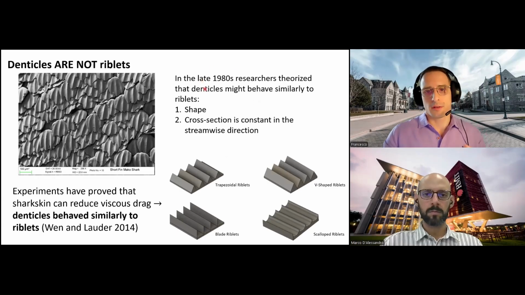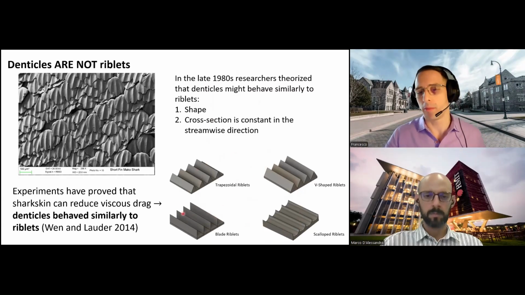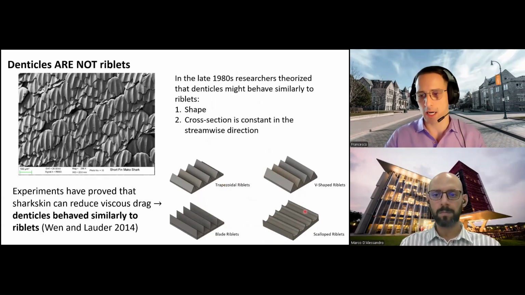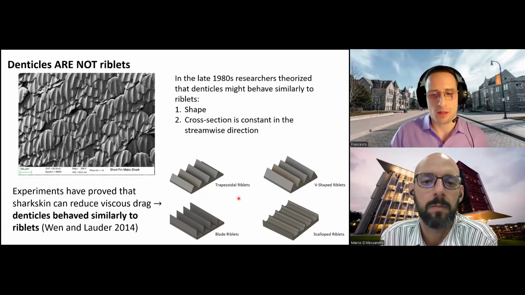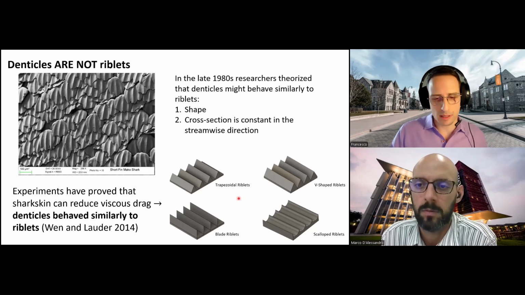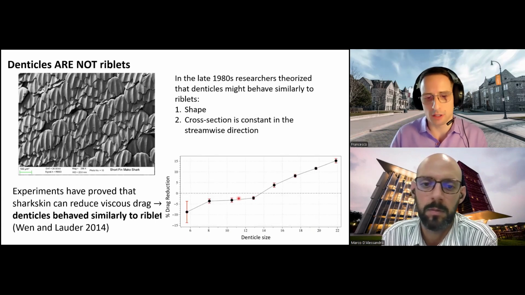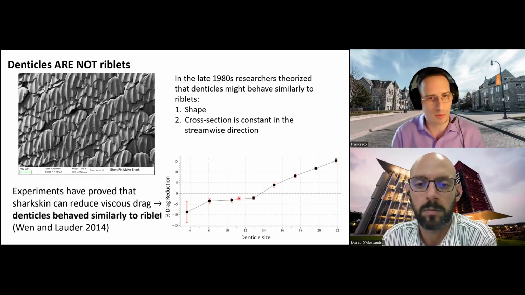They did so by modeling, simulating, and experimenting with various types of flows over different riblet geometries. So we have trapezoidal riblets, blade riblets, scallop riblets, and V-shape. And these researchers actually found that there is a drag reduction mechanism associated with riblets, and it's dependent on the riblet size or the denticle size, as you can see in this plot on the bottom right.